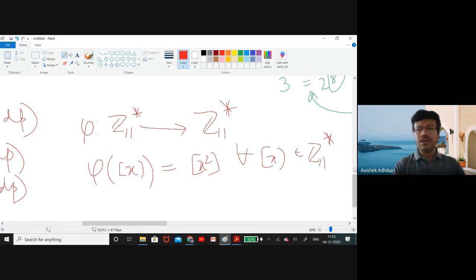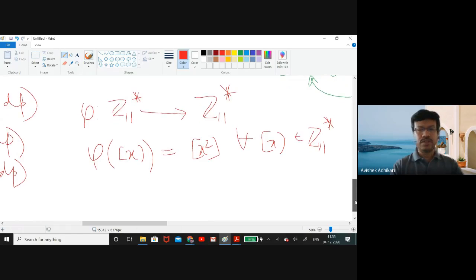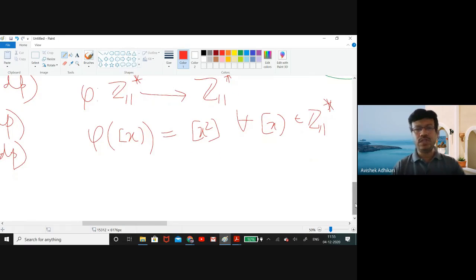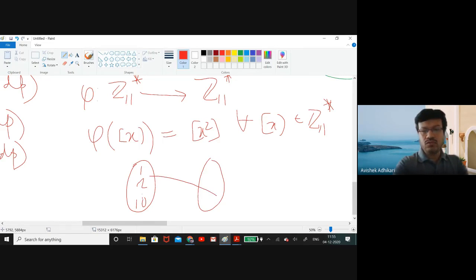Now is it a function? Surely it's a function. If you do that, what is your observation? Here you have all 1 up to 10, but here it's going to a particular set, right? This is also Z11 star.